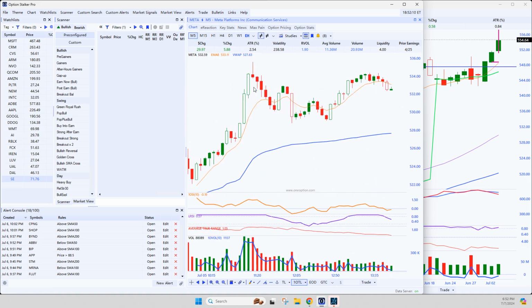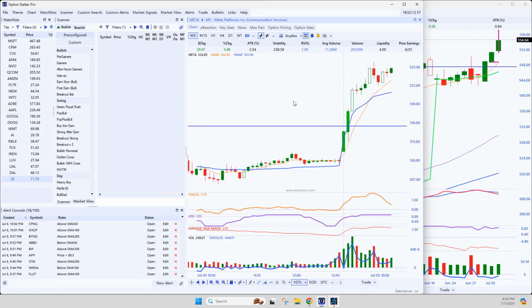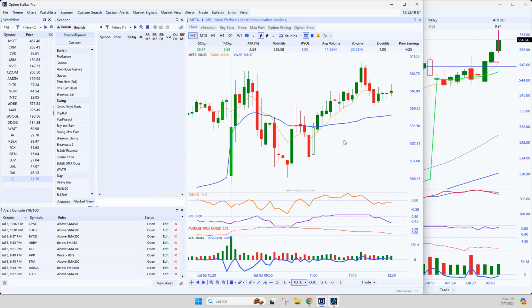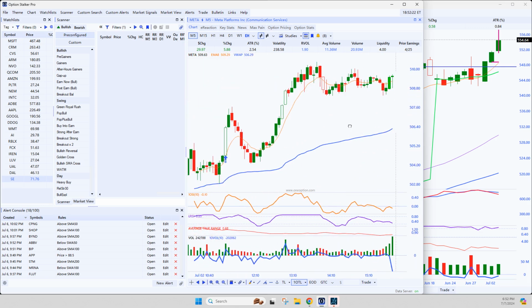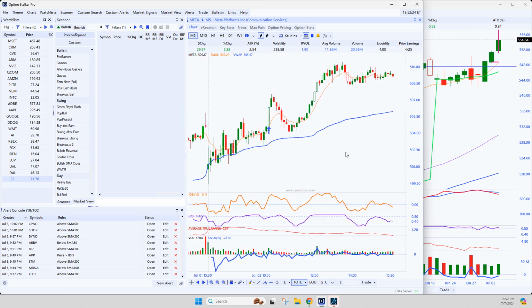So I ended up averaging down my position on July 2nd at 9:50, about 10 a.m. I got two more shares, and my average entry price came down to 509.14.